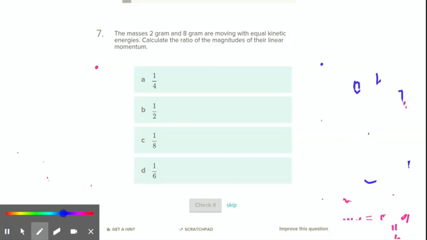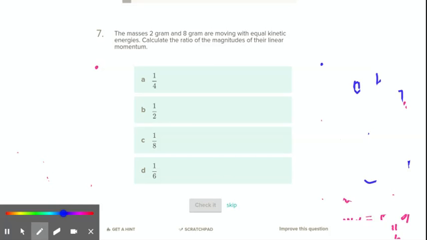Okay. What you need to do is calculate their kinetic energy, which you can use to get a v, and using the v multiplied by your mass, you can get your momentum.